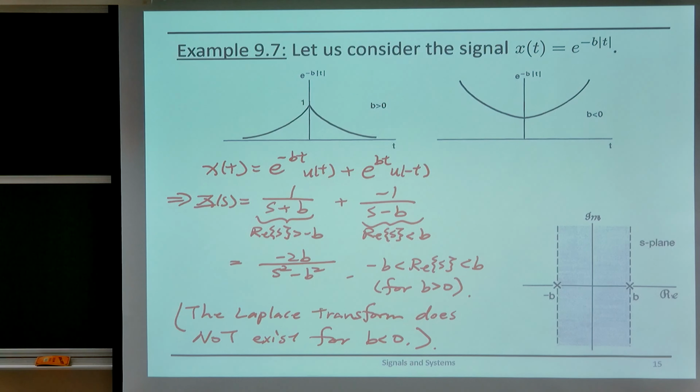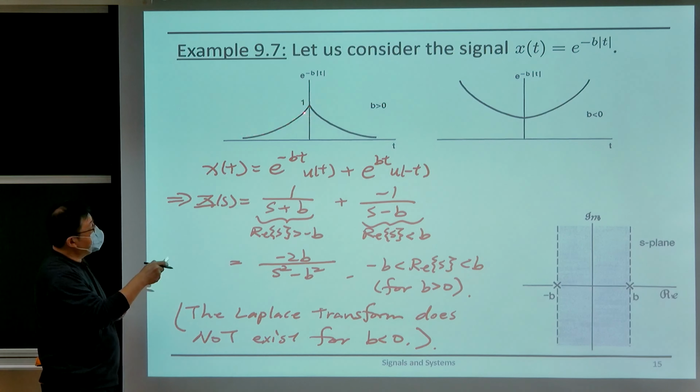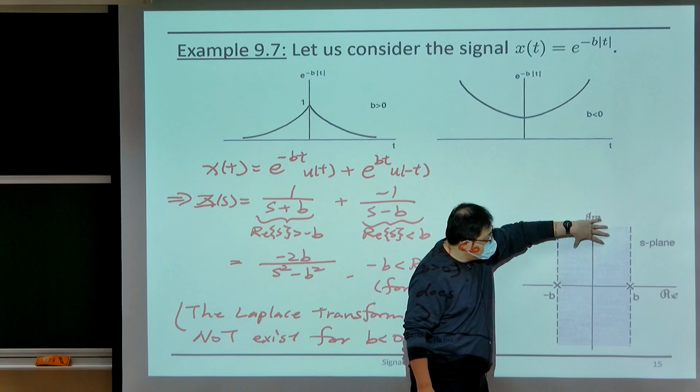Now, assuming that b is greater than 0, then through this derivation, you find that the region of convergence, so this Laplace transform exists for values of s with real part between minus b and b, okay? So when it's decaying on both sides, you get a region of convergence that is this strip here.